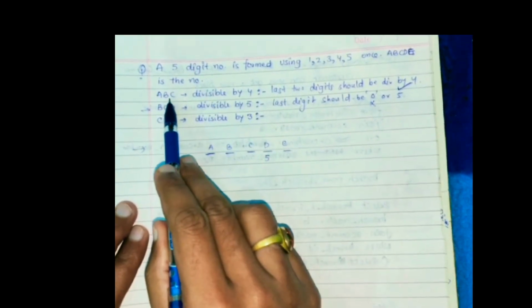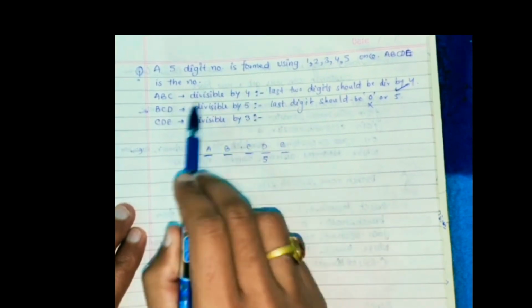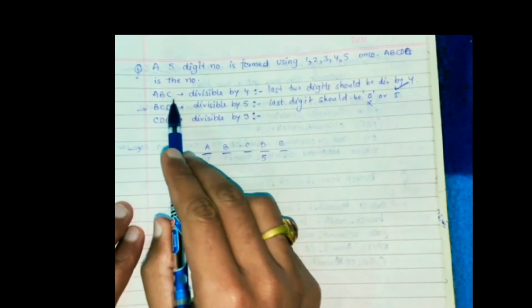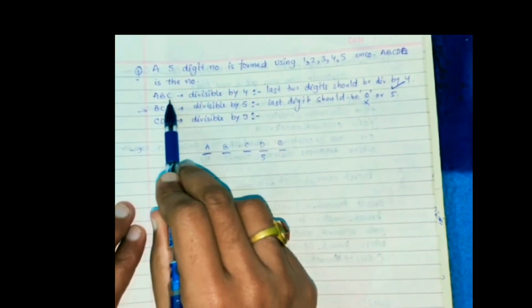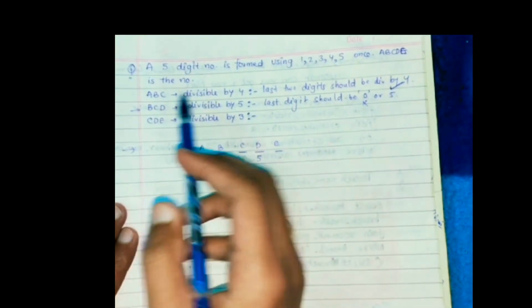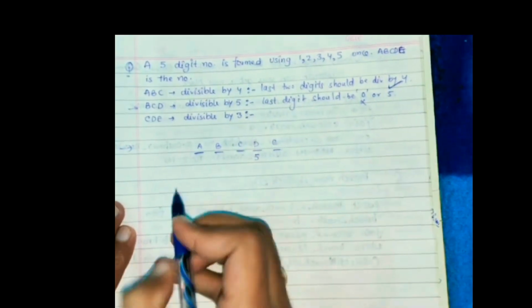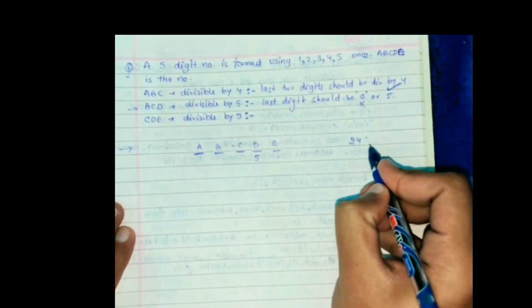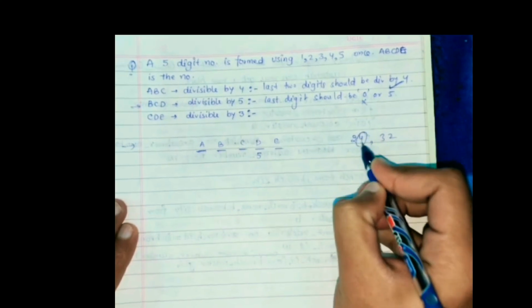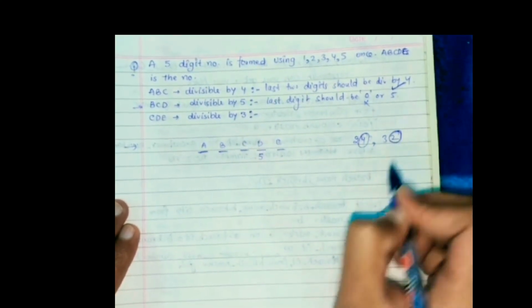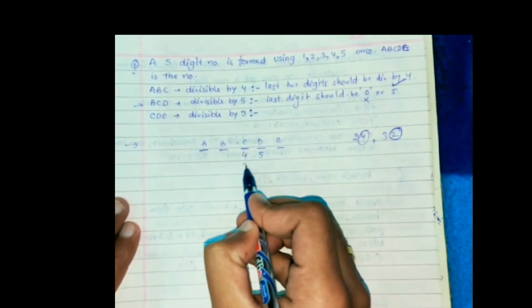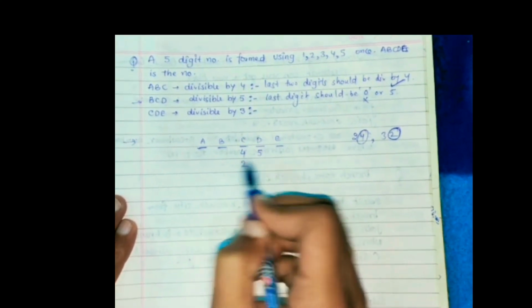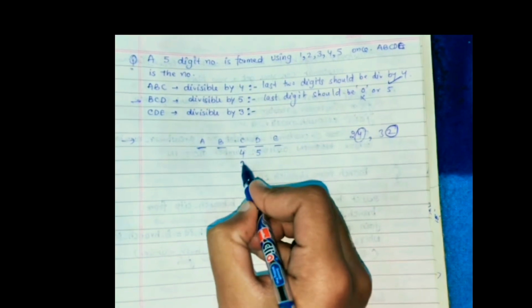So in order to have BC as 32 or 24, C should be an even number. Always remember that while dividing by 4, C should be an even number. So we have two numbers which are divisible by 4, 24 and 32. One's unit digit is 4 and the other one's unit digit is 2. So we can write it like this until we get the exact number.